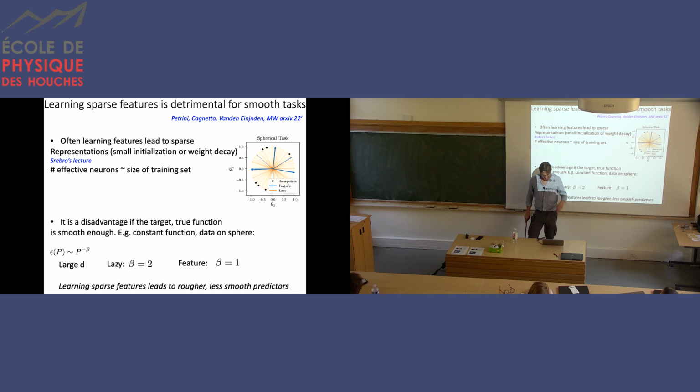For reasons that Nati discussed earlier, I believe, and we have a paper on arXiv on that, when you're in the feature learning regime, you can obtain a very sparse density of neurons. Many neurons start to do exactly the same thing. You can really have something very sparse if you impose some kind of weight decay, maybe L1 weight decay, or, as you were told, I believe, you can also get sparsity if you initialize the weights to be very small.